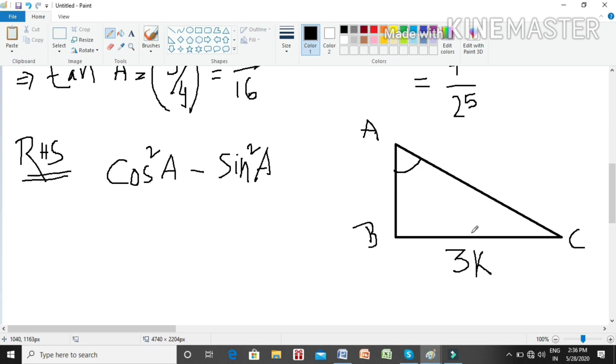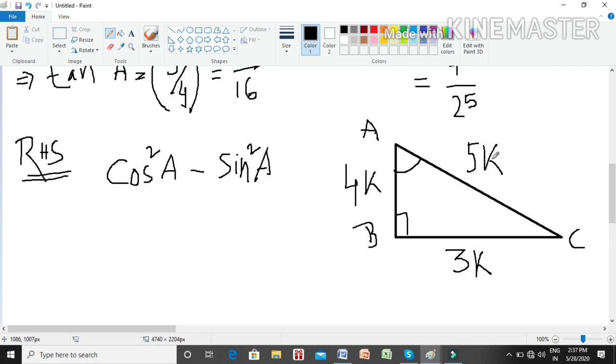The links are already in the description. Just click the link, see how we have done the previous questions, and you will get all the concepts very clear. So this is 3K, the perpendicular, and the base is 4K. If you put it into Pythagoras, the hypotenuse we will get as 5K.